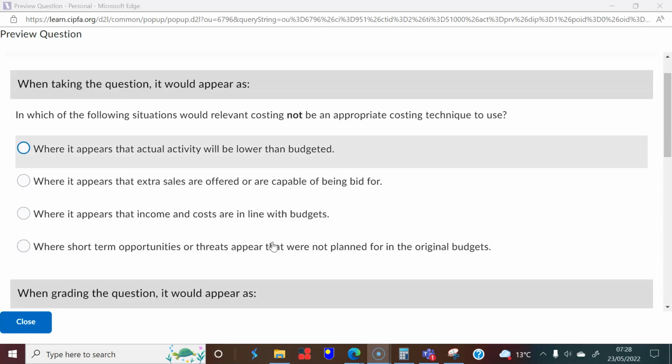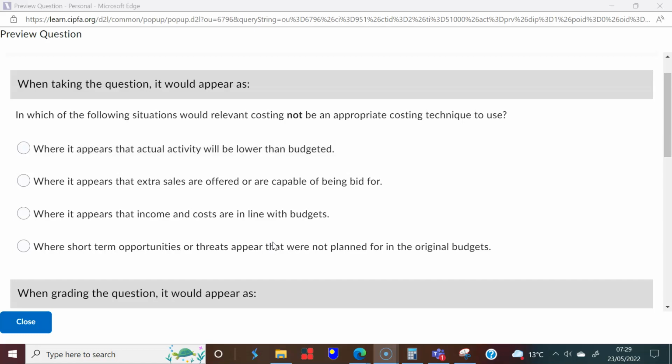Now, typically, if you have scenarios where you're seeing changes that you weren't expecting, so actual activity will be lower than budgeted, you could use relevant costing to adjust in the short term just to make things align. Relevant costing is very much about being active in doing something, taking advantage or adjusting or adapting.